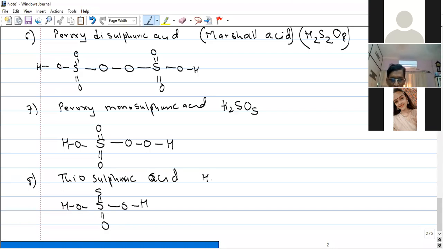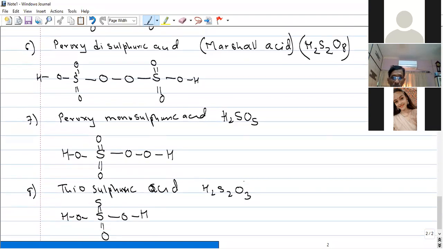It is H2S2O3. Okay, so these are different oxyacids of sulfur. Peroxymonosulfuric acid is also called Caro's acid.